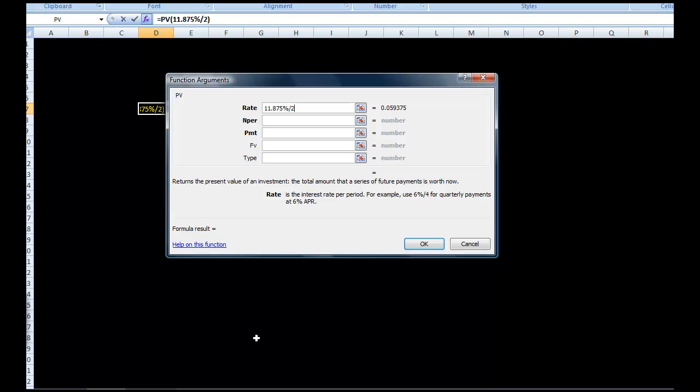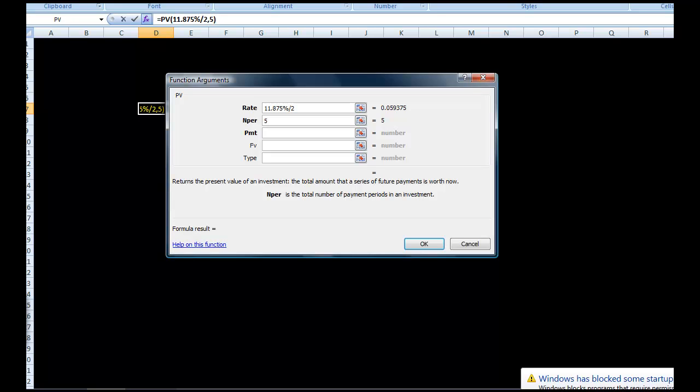Now you can see it kicks out to the right 0.059375, which is exactly half of 11.875. Now let's make the assumption that there are 5 years left until the bond matures. It states on the very top that the bond is due May 1st, 2013, so we're going back in time and assuming we have 5 years left.